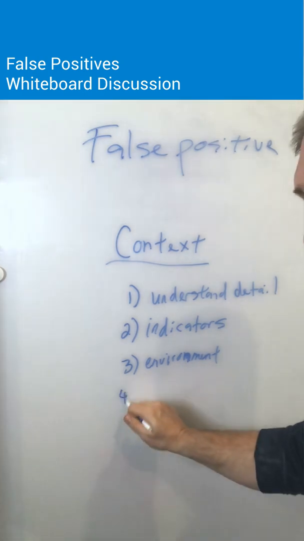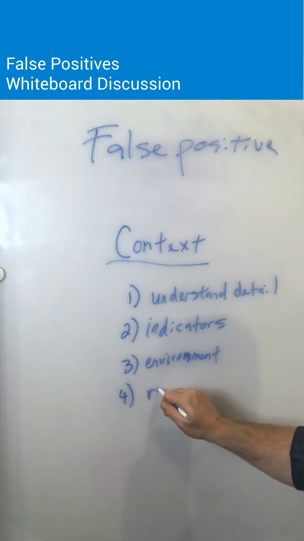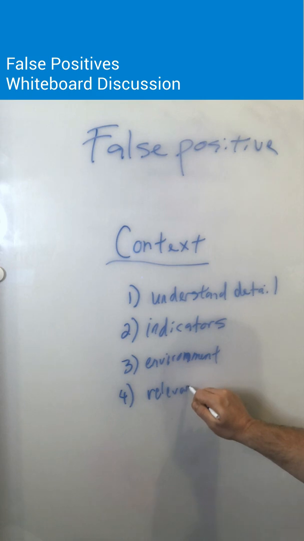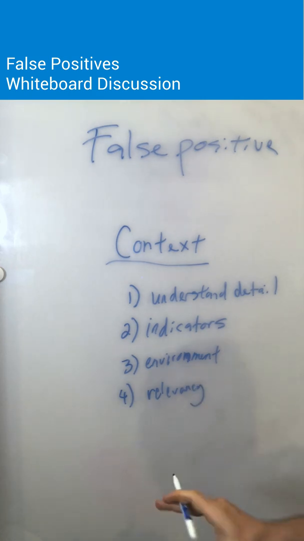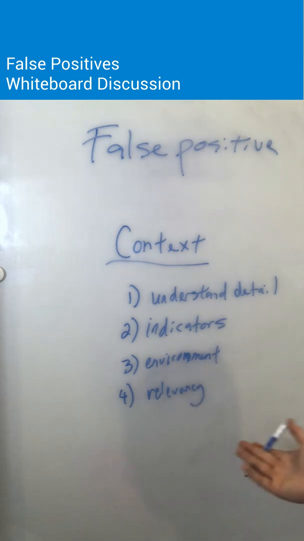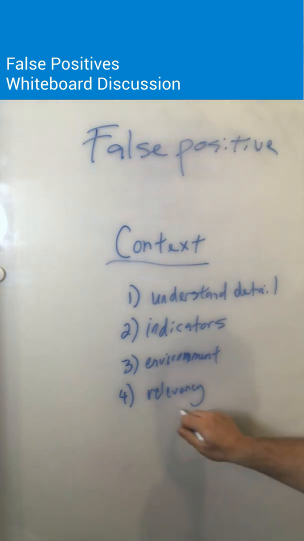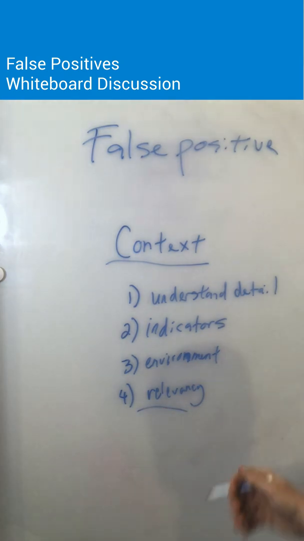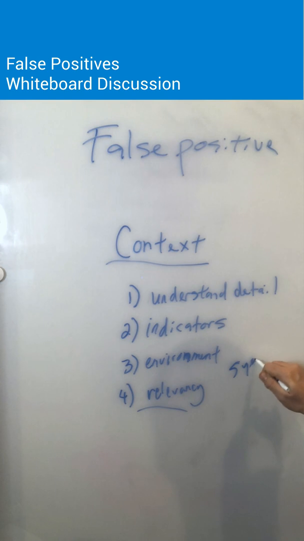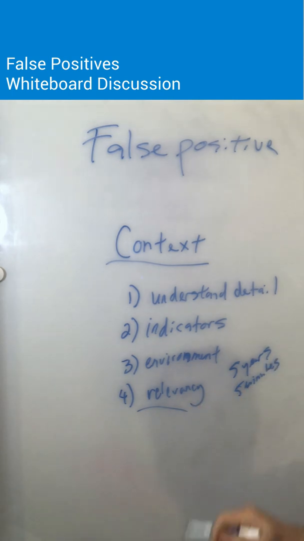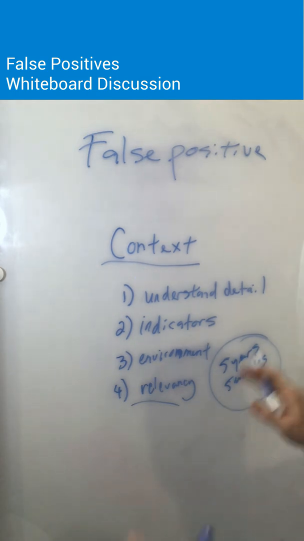And fourth and lastly, know its relevancy. This is the fastest way to get rid of false positives and to identify them. It's the same kind of process. Know if it's relevant or not. Something that was 5 years ago is less likely to be relevant than something that was 5 minutes ago. Especially with DNS indicators, but in most instances, time matters a lot.